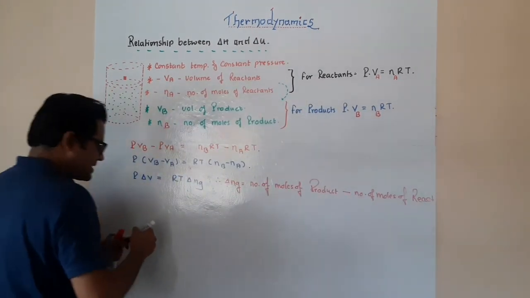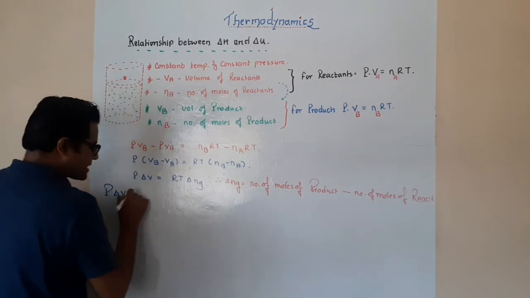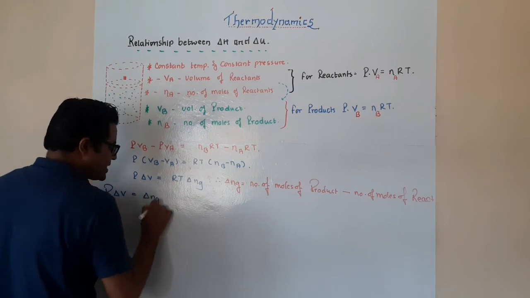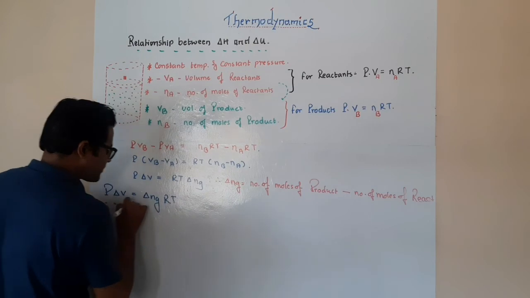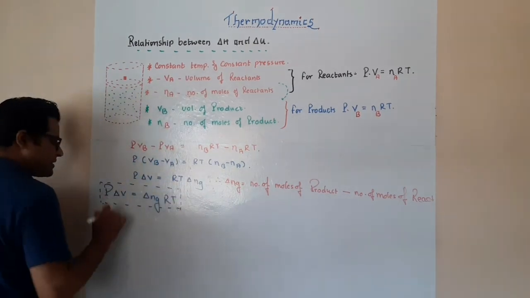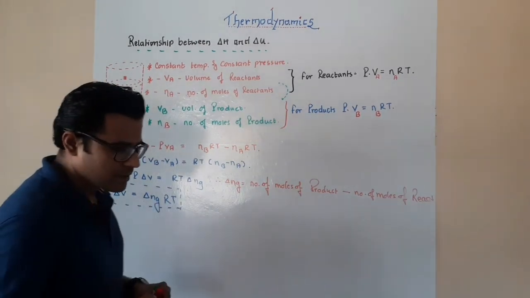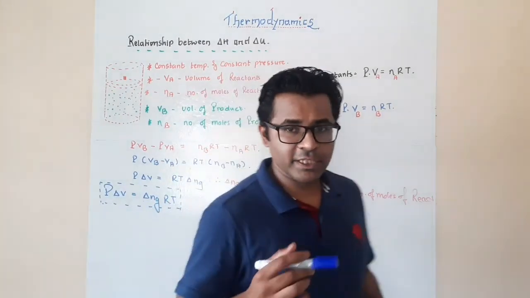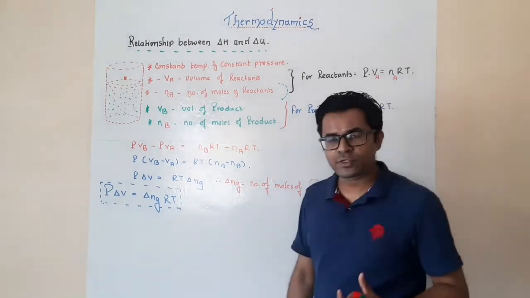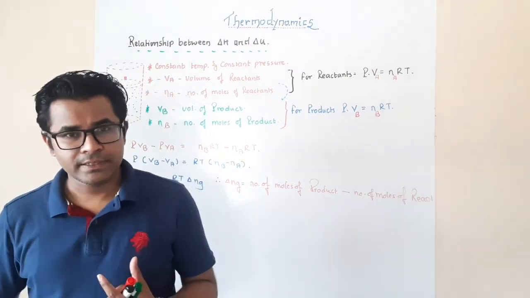Now, let's rearrange for a moment. So it is going to be P delta V is equal to delta Ng RT. Let's have this and proceed further. So when we have this equation, we can substitute the value of P delta V in our expression of the enthalpy change.